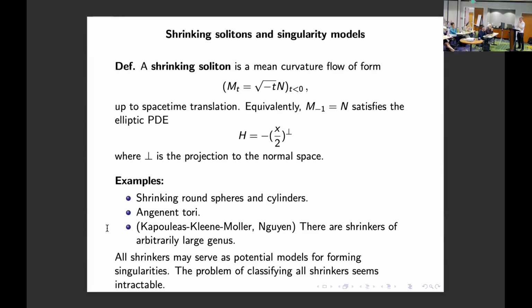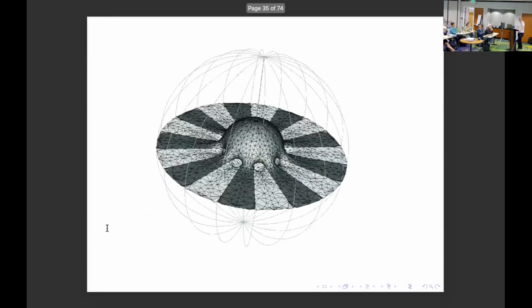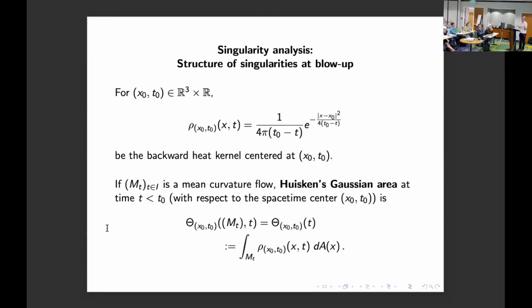There are lots of them, and they all potentially serve as models for singularity formation. Okay. Now let's shift gears. These shrinking solitons serve as potential models for singularities. You can ask, well, does that exhaust the possible behavior at blowup?